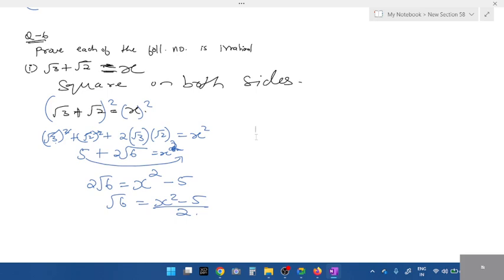Fine. What did I do here? What is our ultimate thing we have to do? Can you see root 6 is an irrational number? We have kept it on the left hand side. Apart from that, all the other numbers we have moved to the right hand side. Completed.